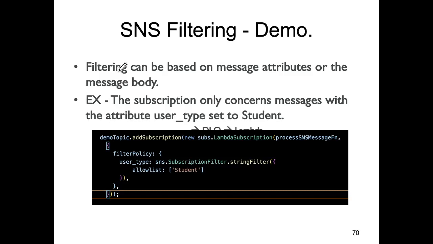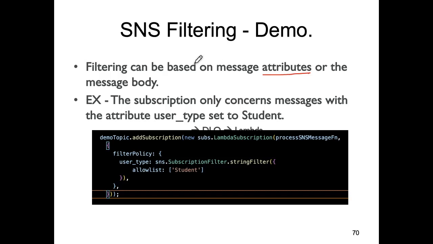I should say that there's two types of filtering that's available to you through this mechanism. There's what's called attribute-related filtering. As well as a message being sent to an SNS topic, you can associate attributes with that message, which is separate from the body of the message. And you can do filtering based on the values of some of the attributes associated with the message.